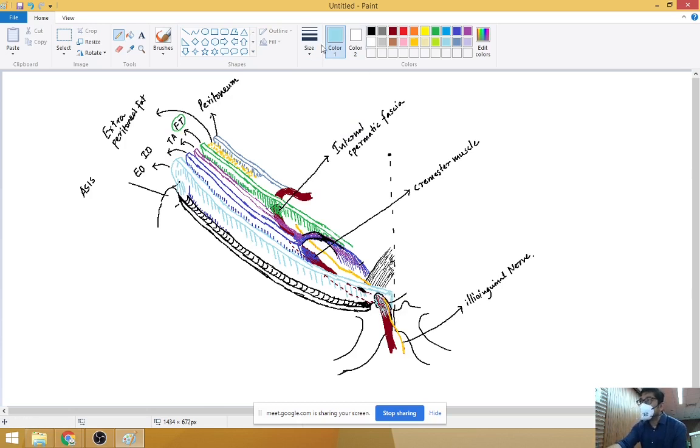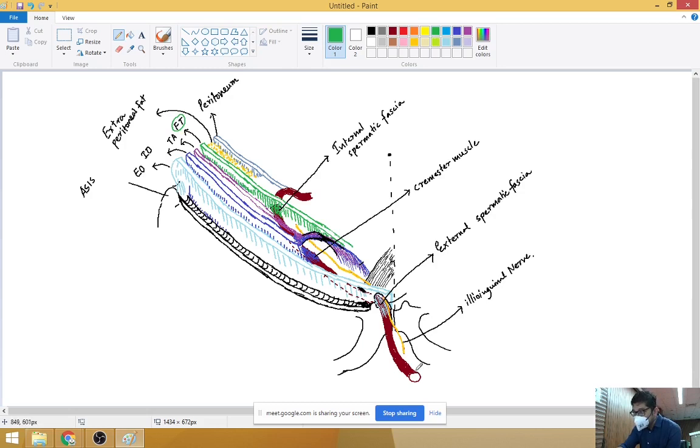This was the internal spermatic fascia, and this is the external spermatic fascia. Understood? Now I'm just making it a little round.